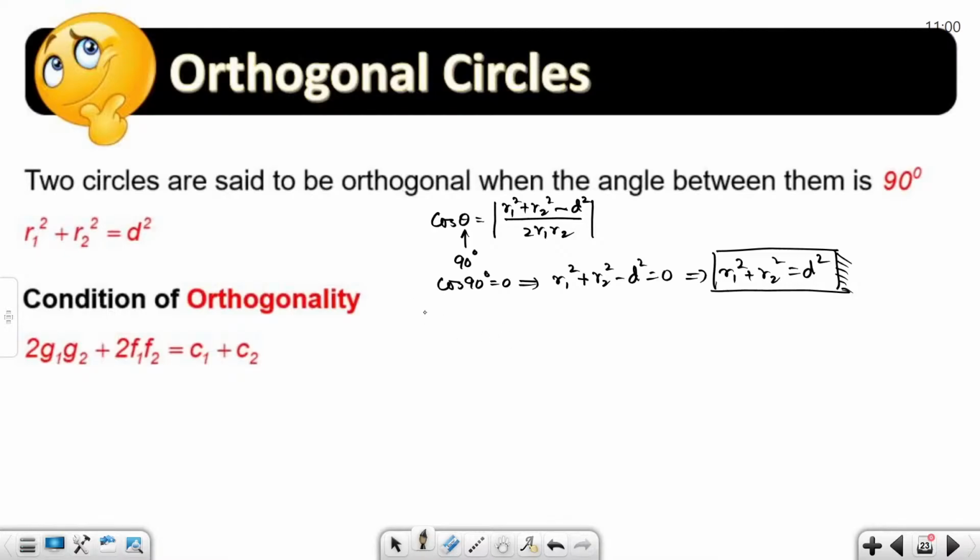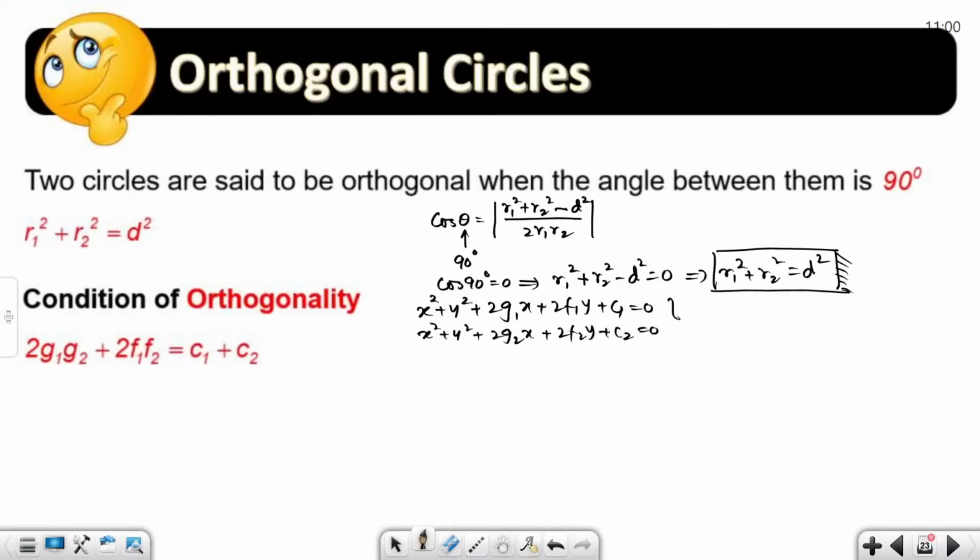Okay? Let us consider that the equation of the first circle is x square plus y square plus 2g1x plus 2f1y plus c1 equals 0, and the equation of the second circle is x square plus y square plus 2g2x plus 2f2y plus c2 equals 0.